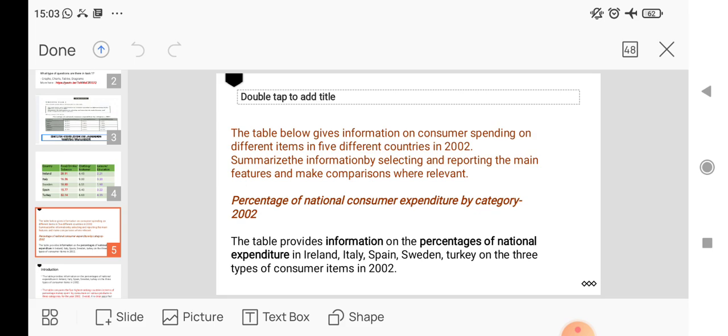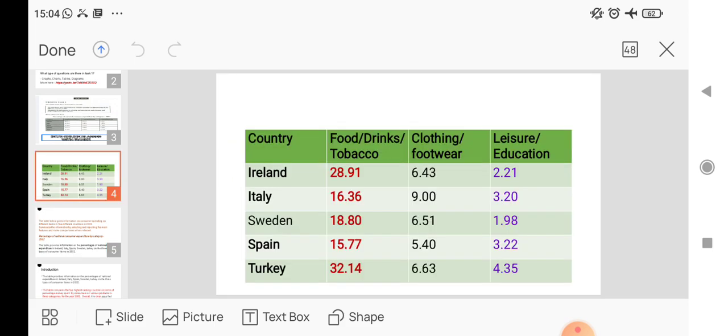So the introductory paragraph serves the function to tell the examiner, in a nutshell, what the table or graph or chart you are describing is. You have to be able to look at the information and summarize it succinctly in no more than 2 to 3 sentences, I beg your pardon. Your introduction should be a minimum of 2 sentences and a maximum of 3 sentences.